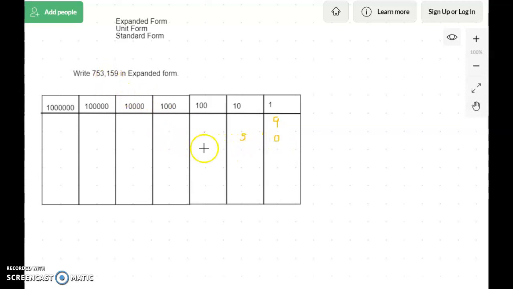In my hundreds column, I have 1, and I just fill everything up with zeros. 100. This just helps me visualize what it is I'm talking about. 3 thousands, so 3 with 3 zeros. 5 10,000s. And I have my 700,000s.